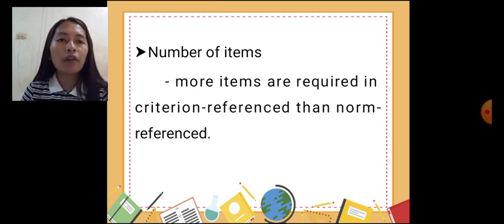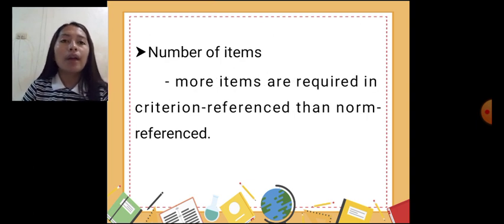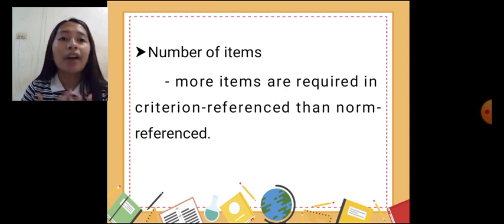Next, number of items. More items are required in criterion than in norm reference, because criterion reference tests tend to measure a more focused domain, and usually require more items to assess a given content domain.